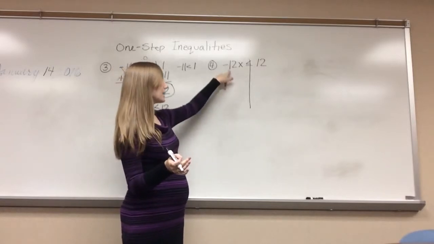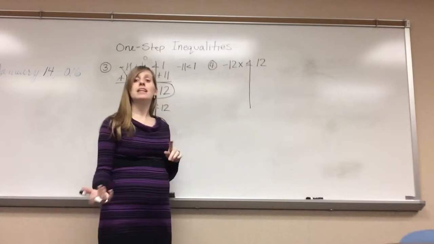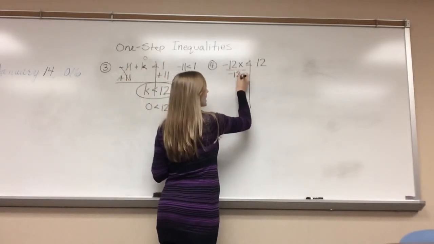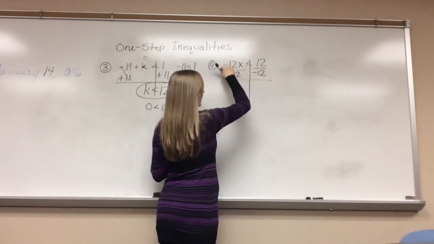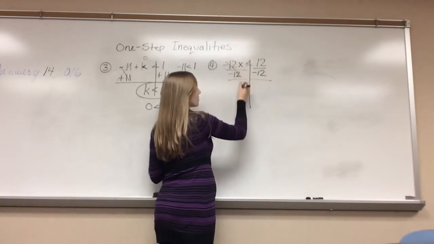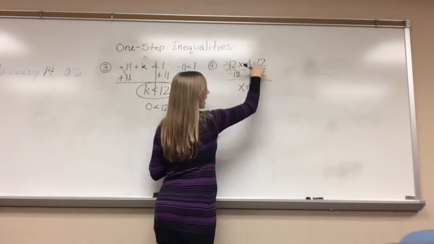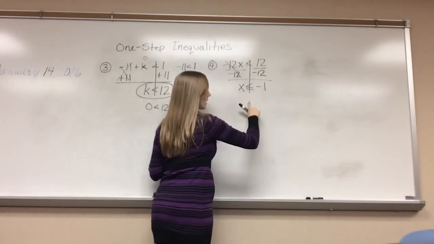So I'm multiplying negative 12 times x. So the opposite of multiplying would be divide. So I'm going to divide both sides by negative 12. So negative 12 and negative 12 cancel. I get x, my inequality sign, and 12 divided by negative 12 is negative 1.